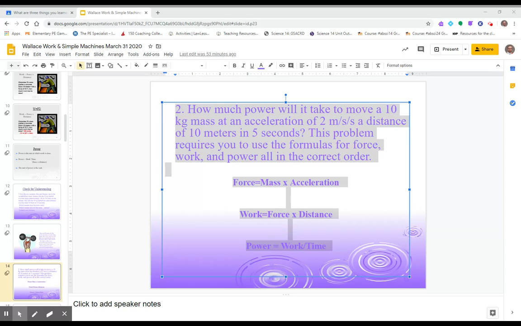If you like, feel free to skip these parts, me just writing this out, just so we have the facts that we need to solve the problem. Now, we're going to work to find our force first. So force is mass times acceleration.